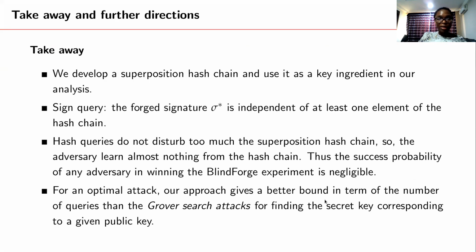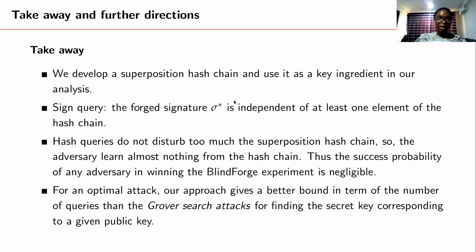As a takeaway, in this work, the goal was to show that the Winternitz one-time signature scheme is blind unforgeable, is secure in the quantum random oracle model. To achieve our proof, we first developed a superposition hash chain that we use as keys for our analysis.